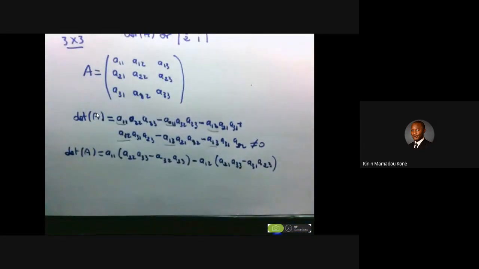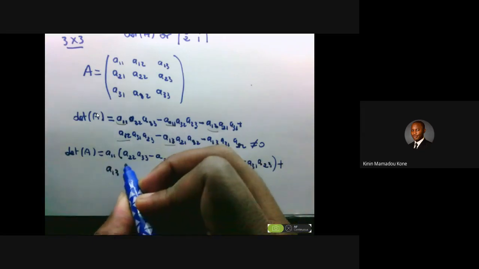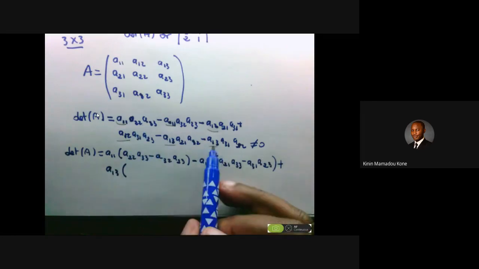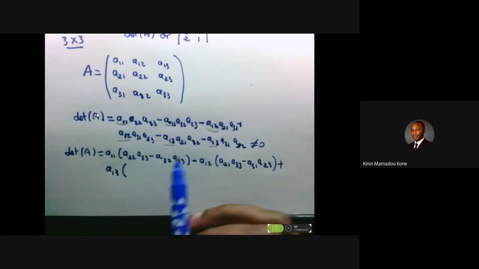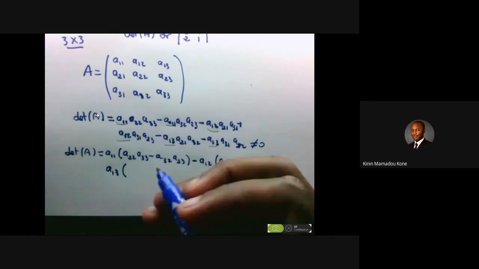And then I can further factor by A13, A13 factor of, because there is a negative sign here, I can even write the negative sign in front of the expression. Okay, so I'll leave it like that. Later on, I'm gonna introduce the negative sign, but I'll leave it like this. Later on, I'll change it.